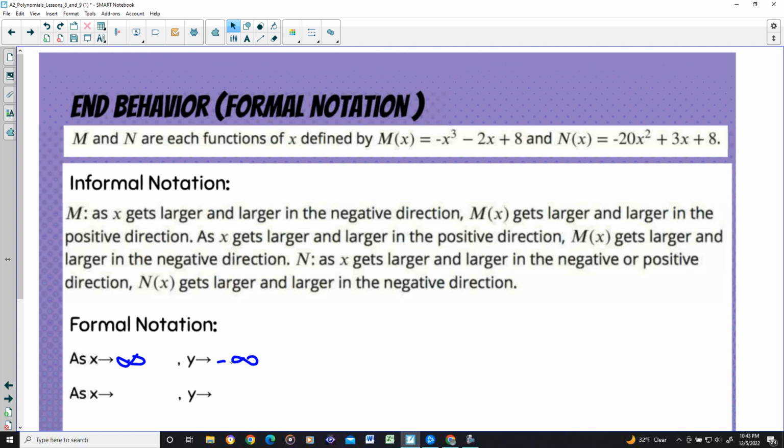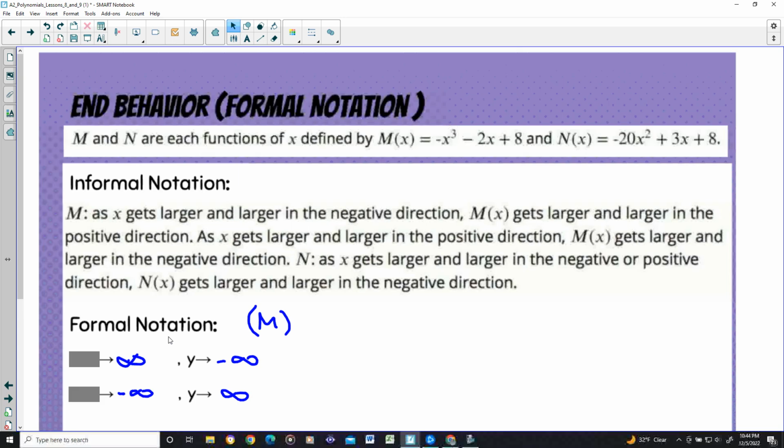So in other words, negative infinity means large negative values. So for m, as x gets to big positives, the output becomes big negative. And vice versa is true. As x is large negative numbers, then that function ends up being positive.